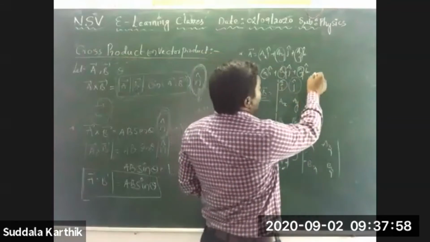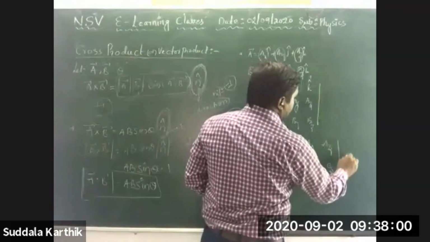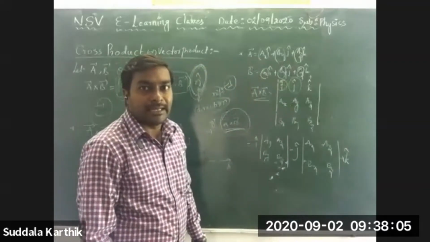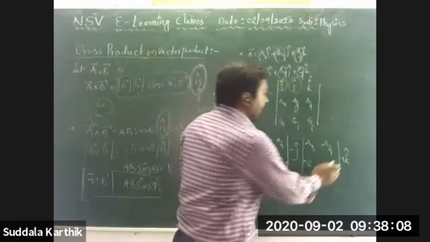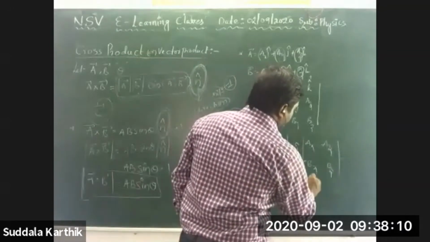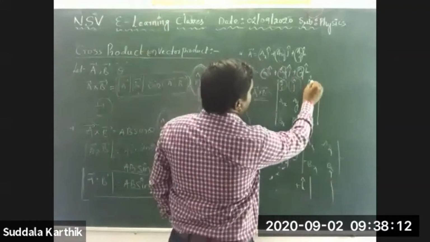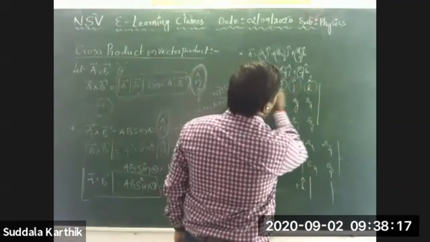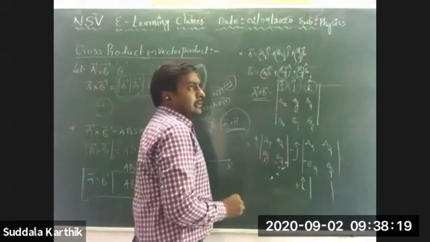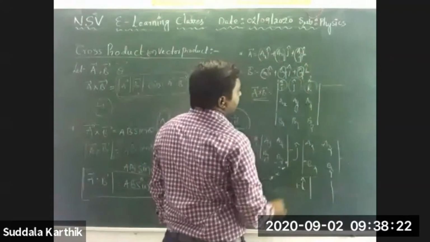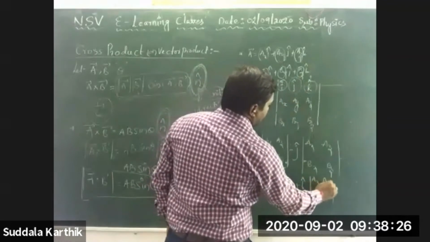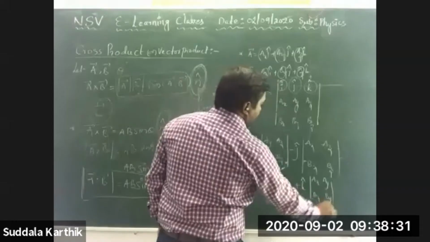After that, I am writing plus K cap. Just in front, plus K cap. Now remove this row and remove this column. What is there? AX, AY, BX, BY. Very good.